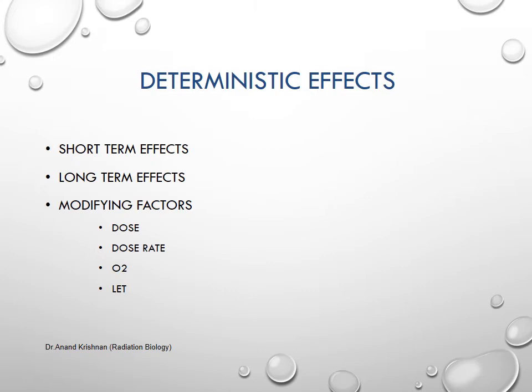The examples of non-stochastic effects include erythema, loss of hair, cataract formation, decreased fertility, especially in men. And compared to stochastic effects, non-stochastic effects require larger radiation doses to cause very serious impairment in a person's health.